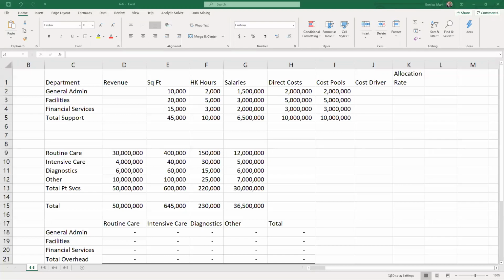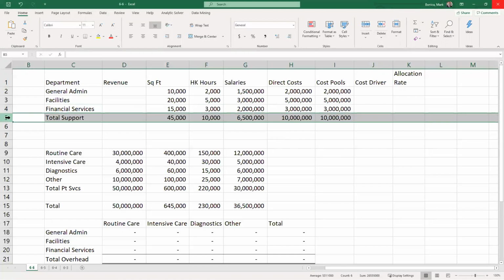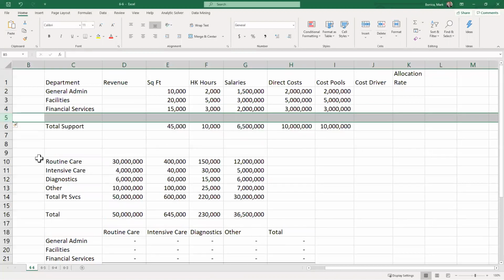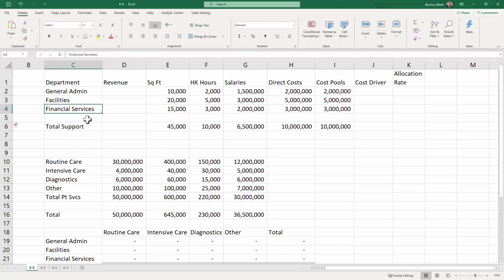So in this case, we have this division, financial services, and it's got 2 different functions. So let's change that now. We're going to call it financial services. And so they have billing, we'll call it billing, and financial services, payroll.